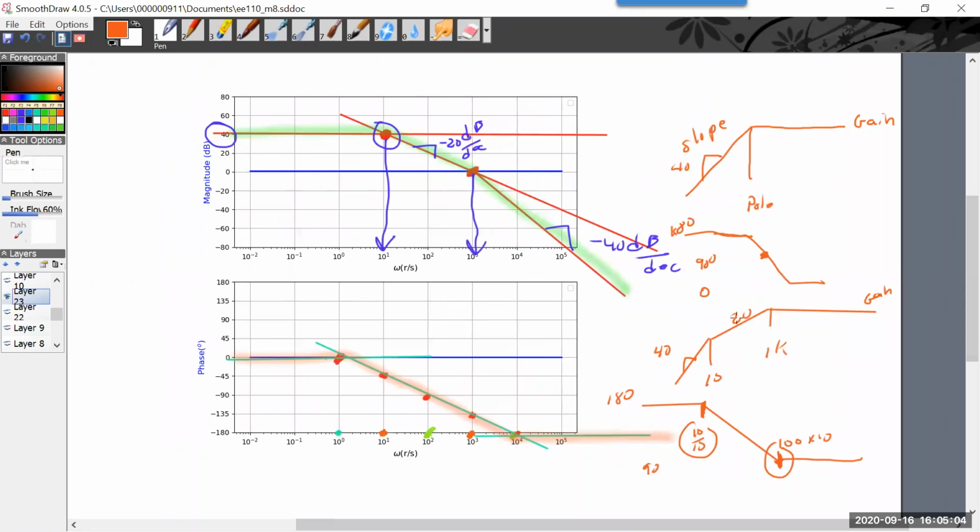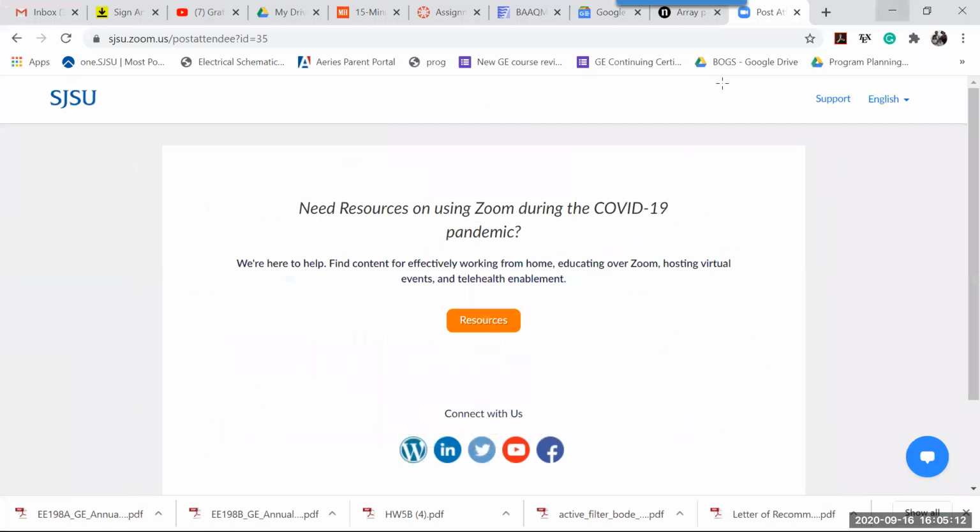Now, what I want to do for the rest of class is to go into breakout rooms, and then you're going to work on an assignment together, which is in Canvas.